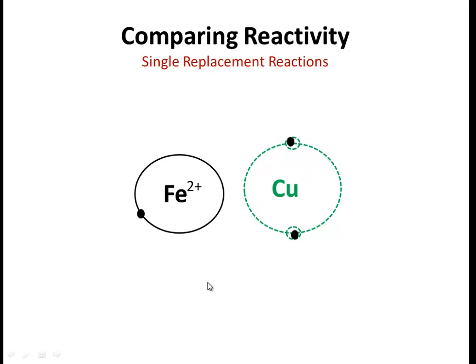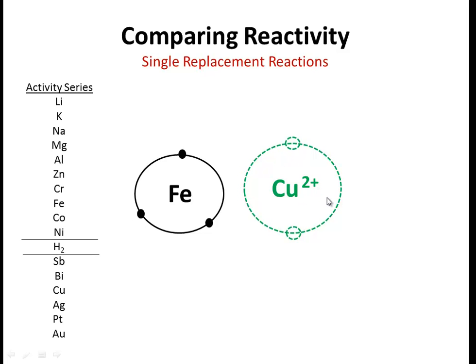So that's one scenario. Now, what if it goes the other way? What if, in fact, iron has the stronger attraction for the electrons? Well, then we would be back to where we started: neutral iron, copper 2 plus. Which way is it?